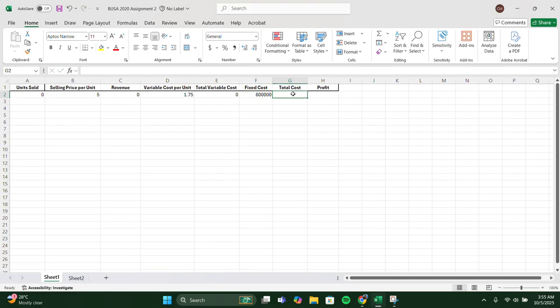The total cost is going to be total variable cost plus total fixed cost. And for the profit, we all know it's revenue minus total cost.